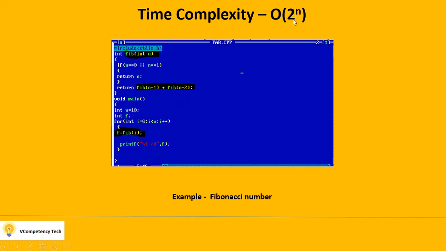We can say O 2 to the power n. So this is time complexity O 2 to the power n. So whenever somebody is asking, just check your programming how it is and you will understand what will be the time complexity. No need to do any calculation.